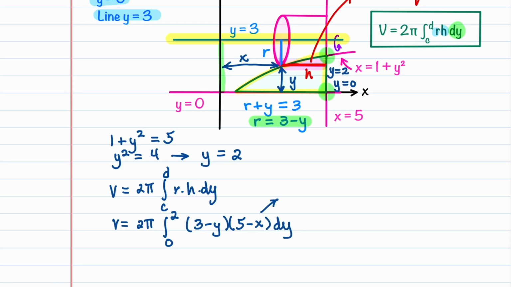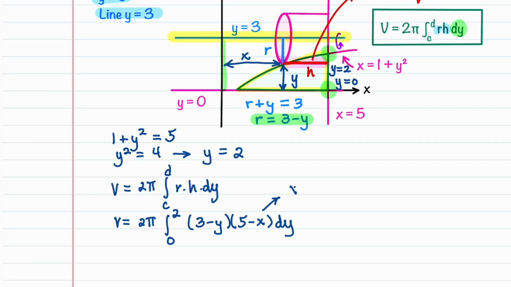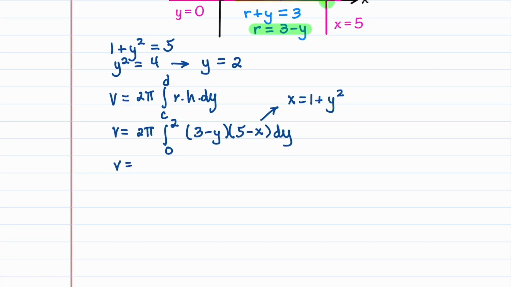Now we need to substitute in what x is. x is given by the curve 1 plus y squared. This gives us a volume equal to 2 pi of the integral from 0 to 2. We have a 3 minus y and a 5 minus the quantity 1 plus y squared. You just have to watch your parentheses there.